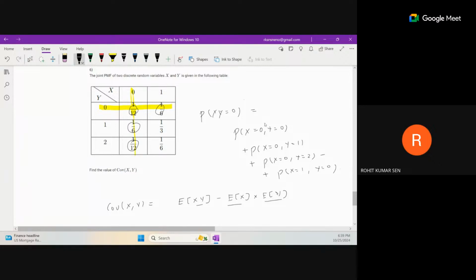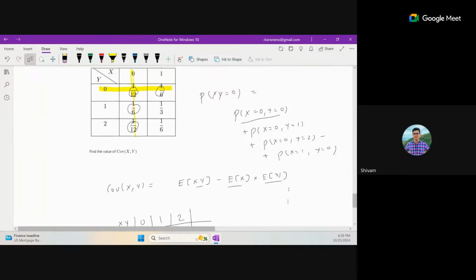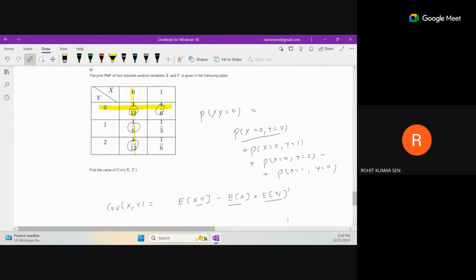Because the probability of x equal to 0, y equal to 0 is given, that is 1/12. If it is independent, what is going to be your covariance? It will be 0. So why even check? If it's a lengthy way, and say it is not independent, then you will do the same thing again. So it's better you do it the first time.